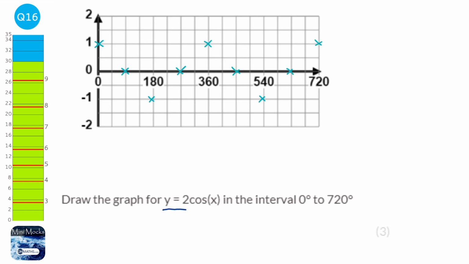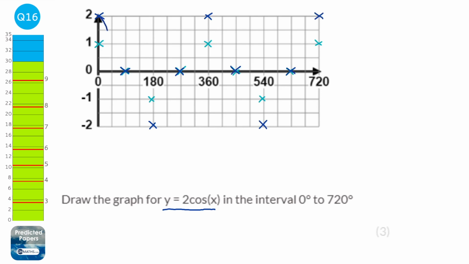But we're asked to do y equals 2 cos x, so each of the y coordinates will be doubled. So it will start at 2, still go down to 0, but then go down to -2. Still go back to 0, go up to 2, then down to 0, down to -2, and it will just keep bouncing between 2 and -2.